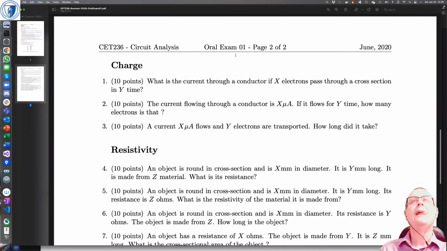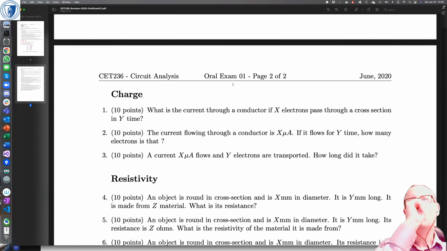Right, so this was last summer's midterm 1 for CET236, and I'll probably use a similar format for your first midterm.